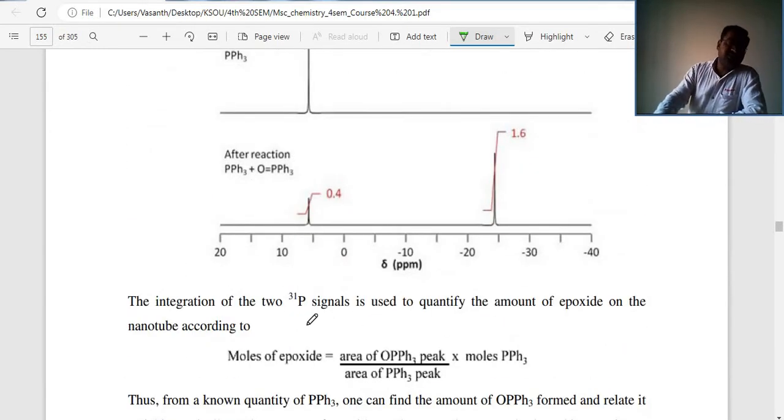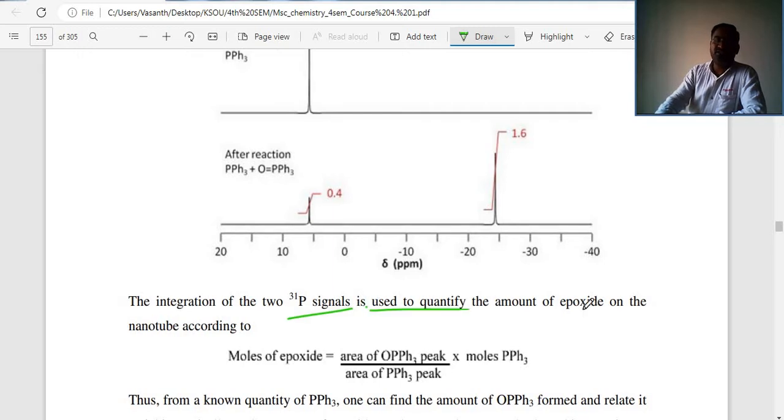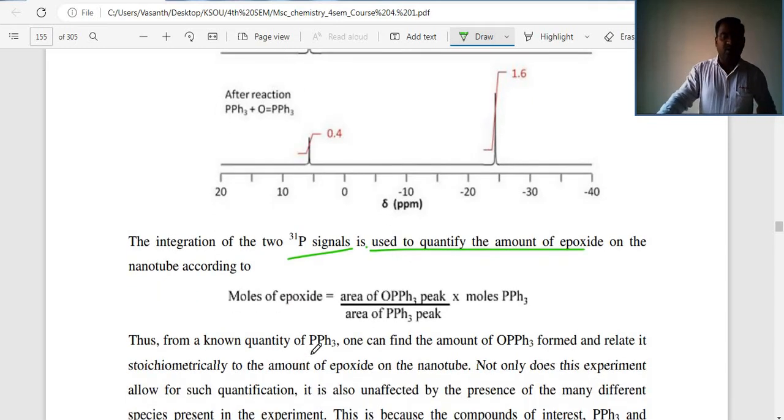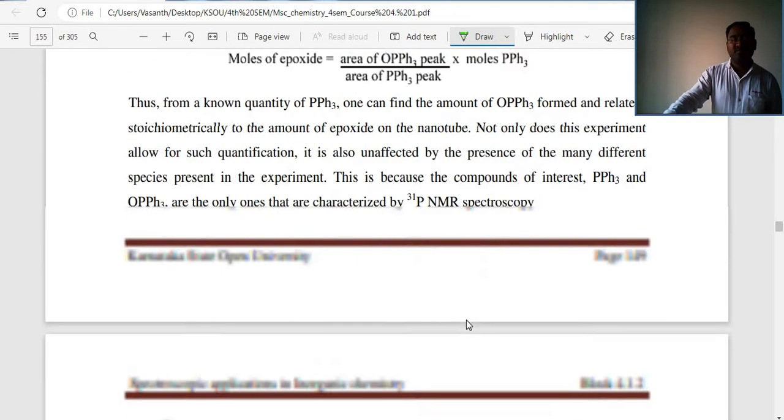The integration of the two phosphorus signals is used to quantify the amount of epoxide in the NMR tube according to the mass of epoxide.